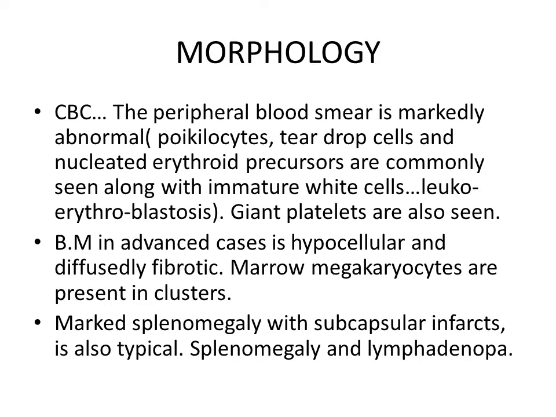Now morphology, or we can say laboratory findings, what we will see in these patients. On CBC, when we do routine blood examination, the peripheral blood smear is markedly abnormal. In the peripheral smear, we can see poikilocytes, variable shapes of the red cells.